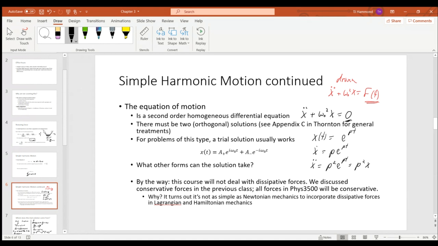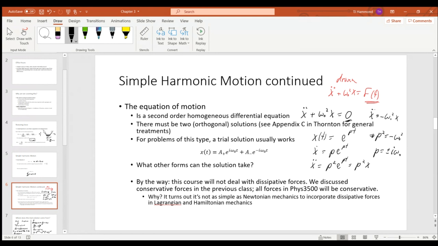And you say, oh, well, x double dot is equal to p squared x, and what I had was x double dot is equal to minus omega naught squared x. So what that means is p squared is equal to negative omega naught squared, or p is going to be plus or minus i omega naught.